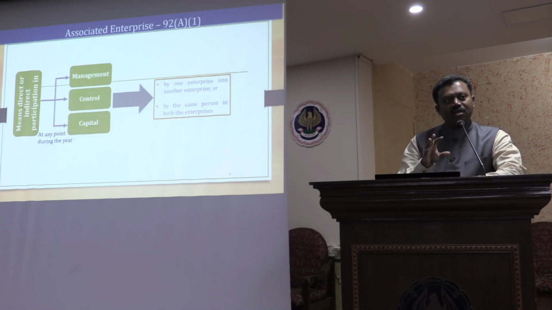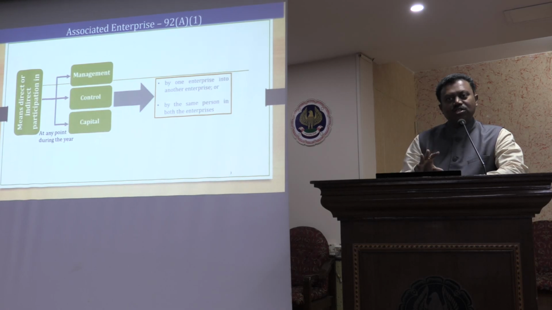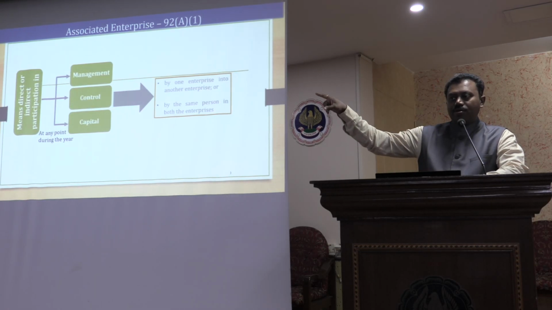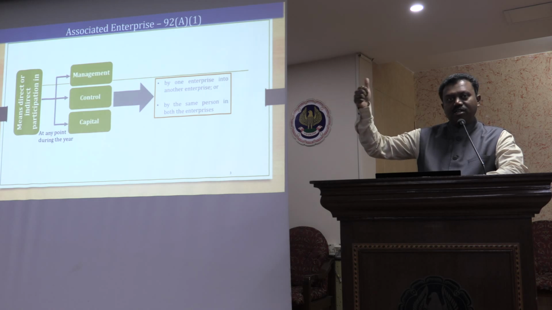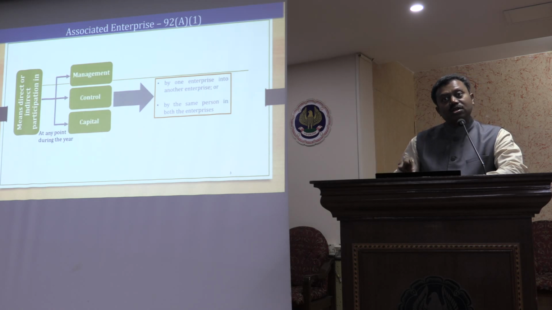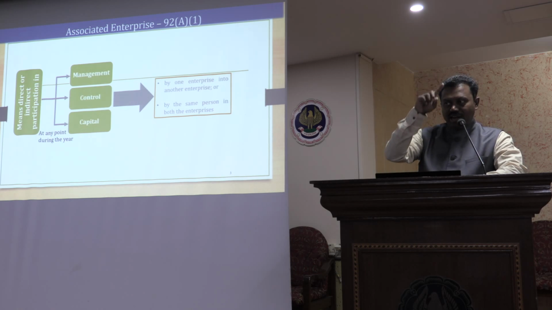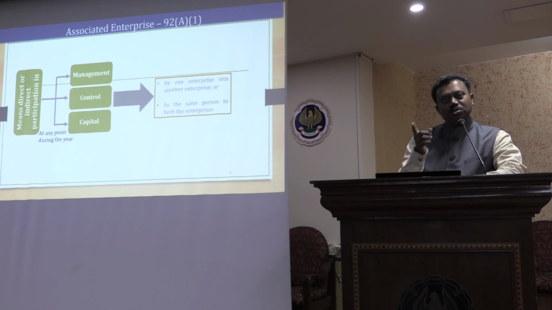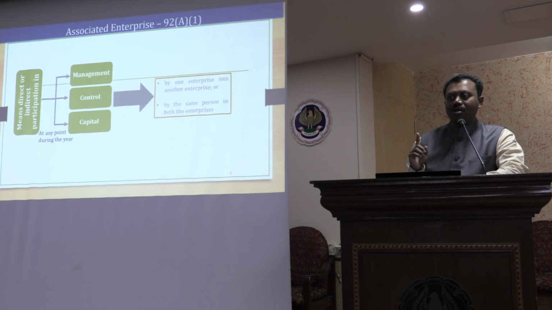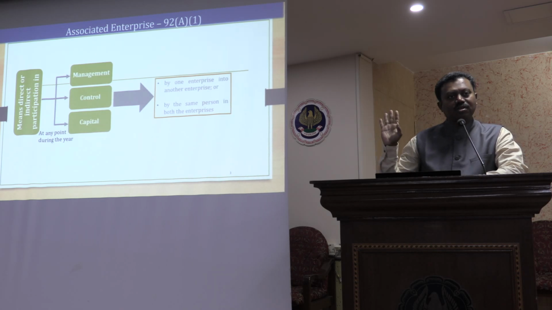On September 30th, yes, there is a relationship established by any of these criteria, management, control or capital. On 31st March, the relationship is not there. But during the entire financial year, whether it is prior to September or post September, all transactions done between these related parties come under the provisions of the transfer pricing law.